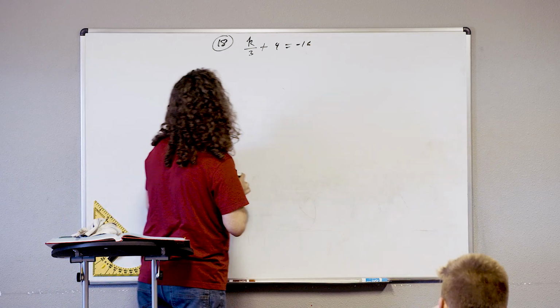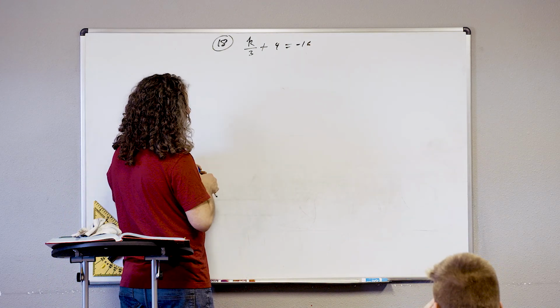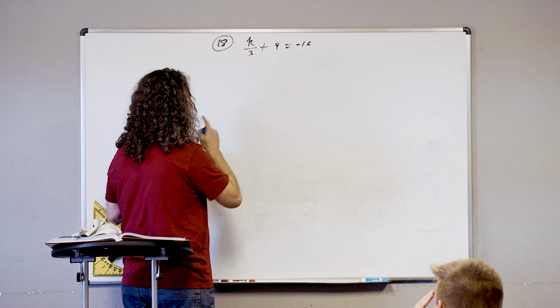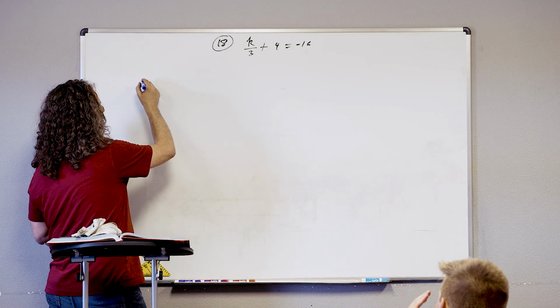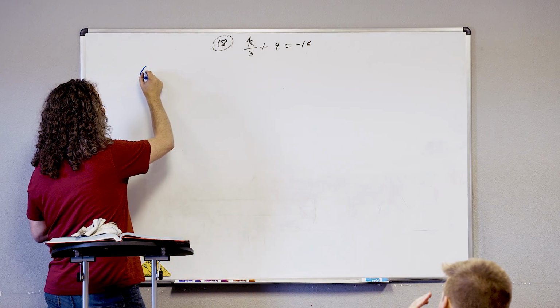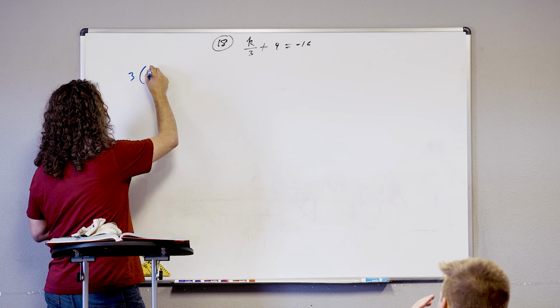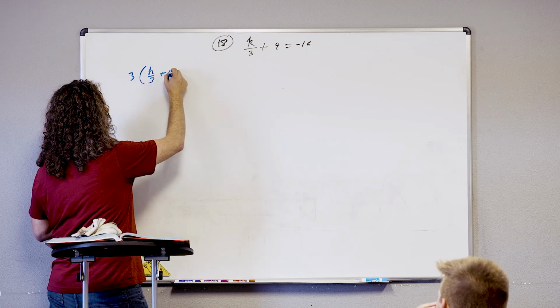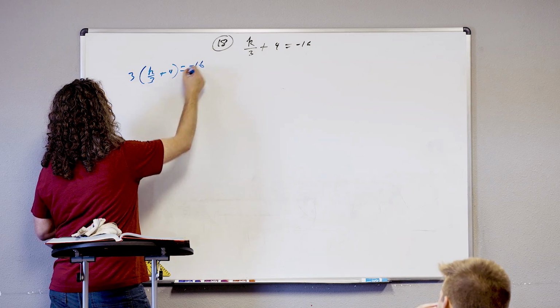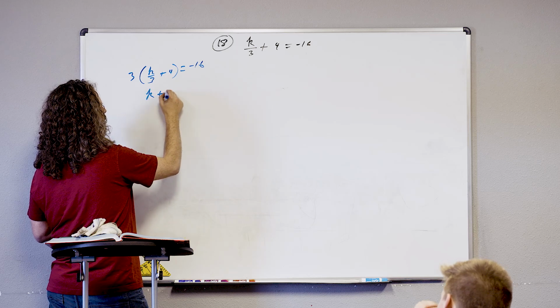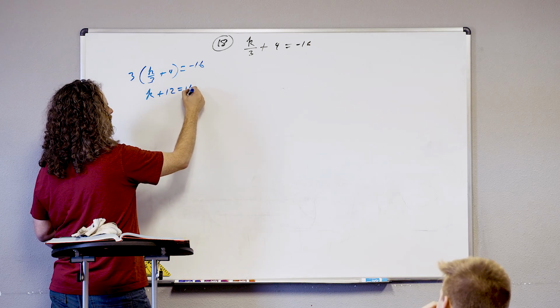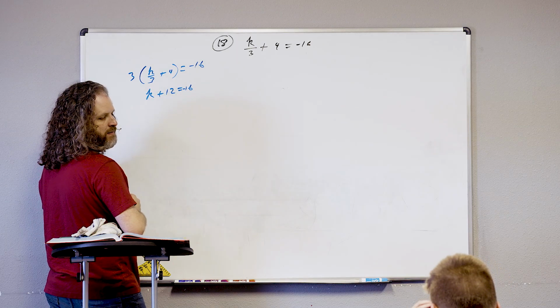That's true. Yeah, I took off the 3 first. So if you were to get rid of the 3 first, you would have to multiply everything times 3. So then you would end up with k plus 12 equals negative 16. That make sense?